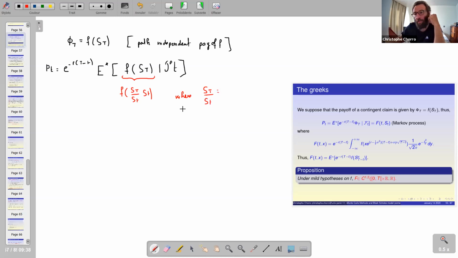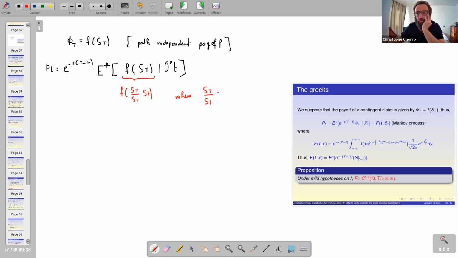Because it's always the case when I want to compute this kind of conditional expectation, I make appear a part that is F_t measurable and a part that is independent of F_t. In order to make appear a part that is independent of F_t, I will make appear Brownian increments. So what is this one?